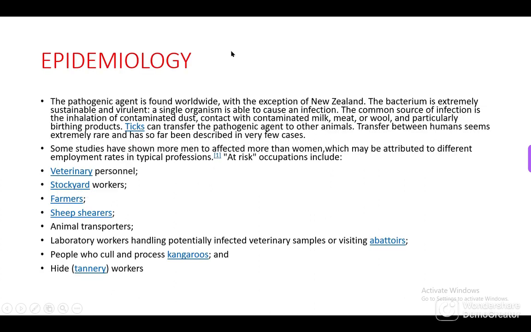Now, the epidemiology overall: the pathogenic agent is found worldwide with the exception of countries like New Zealand, Poland, and some parts near Poland, the Scandinavian areas. Very few cases are detected there.